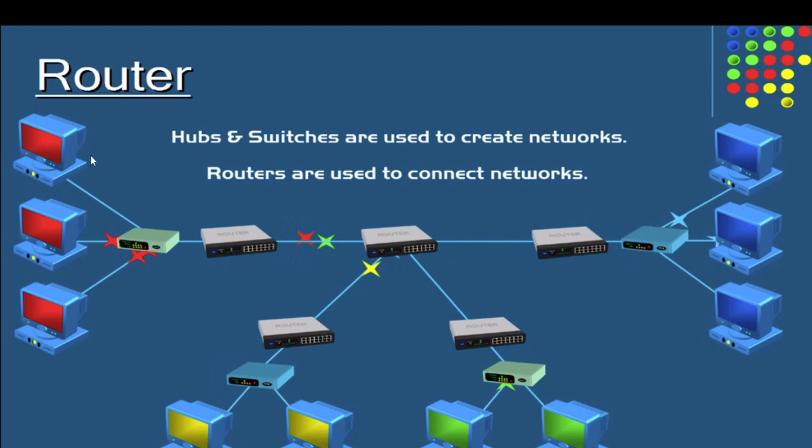So for example, if this computer wants to send some data, it will go through this hub, and after that this router will see which router it's supposed to go to. If this data packet is supposed to go to this router, it will go through here, and from here it will be diverted to here, and then it will see which MAC address it is supposed to go to, and then this computer will connect and reply to that data packet that it has received. So a router is a very smart device, and it also controls the web traffic and the data.